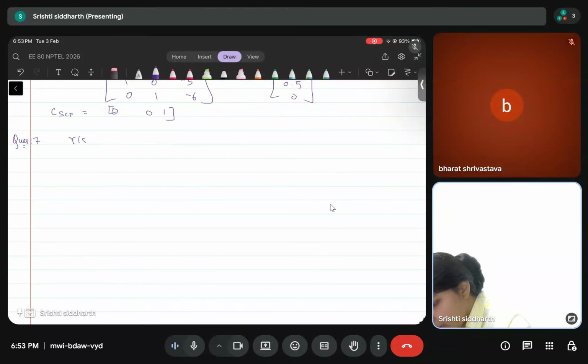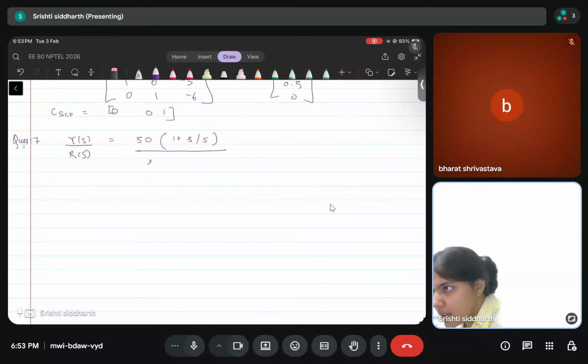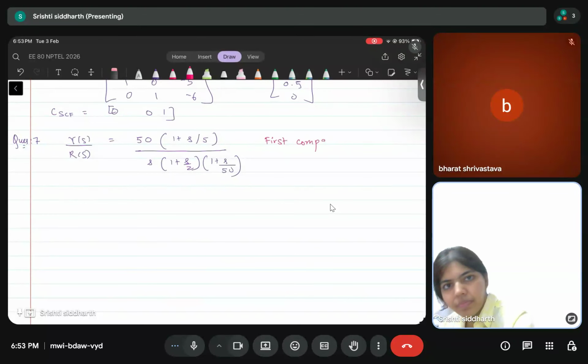So y(s) over r(s) is 50 times 1 plus s over 5, over 1 plus s by 2, 1 plus s by 50. So the question is to find the first companion form. Let's convert it to standard form.